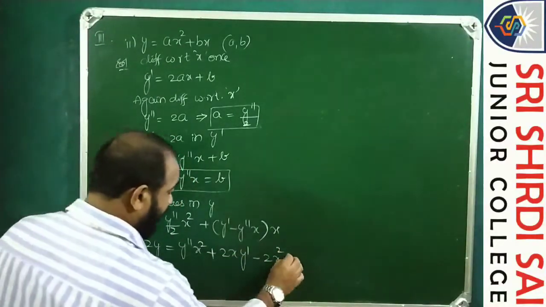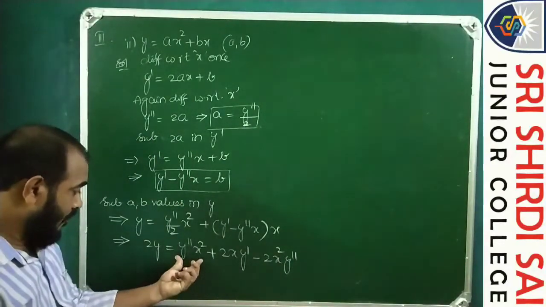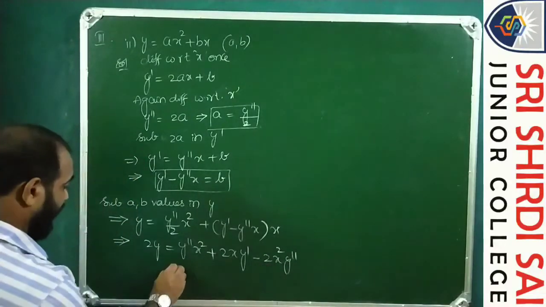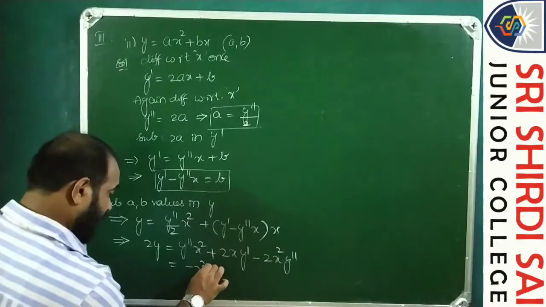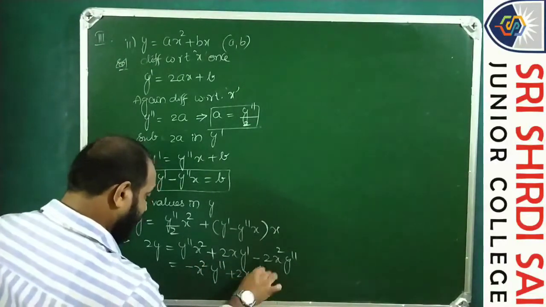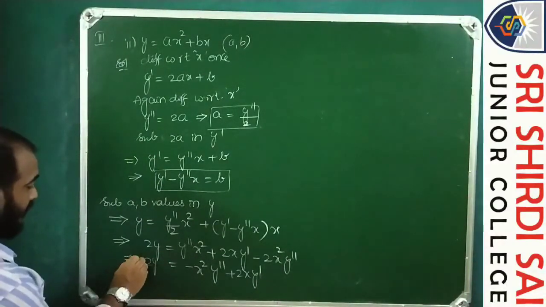Now, y double dash x square minus 2x square y double dash is equal to minus x square y double dash plus 2xy dash is equal to 2y.